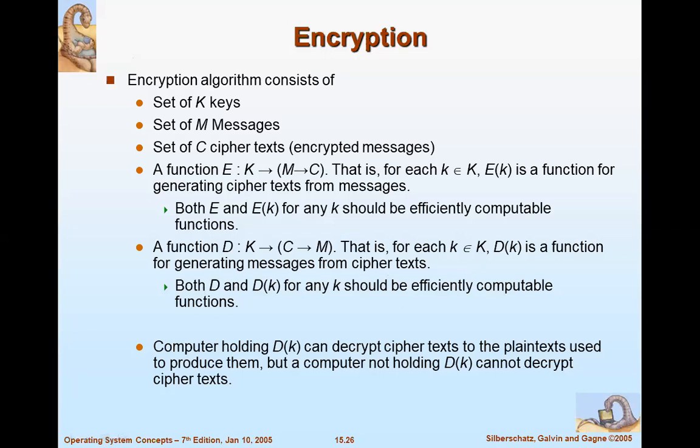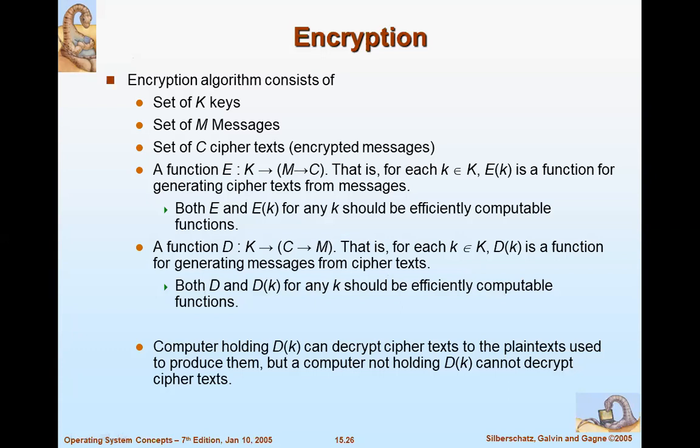That is, for each K that belongs to capital K. It means you can have 100 or 1000 keys and you can use any key among these. So EK is a function for generating ciphertext from the messages. So this is the way through which you can get the ciphertext.